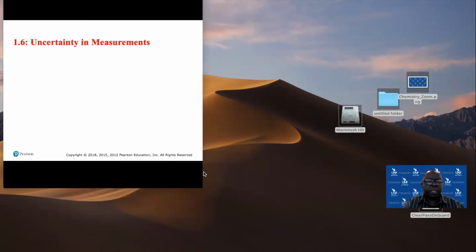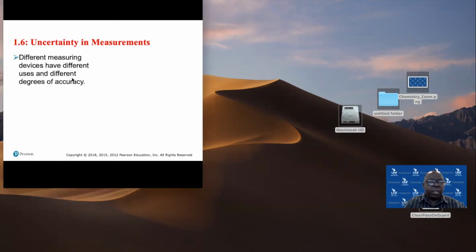Nevertheless, uncertainty, section 1.6, this is the section where you will see the concept of significant figures. Not all numbers you see on your calculator when you do a calculation such as determination of density, you'll end up with more than the required digits in expressing the final answer.